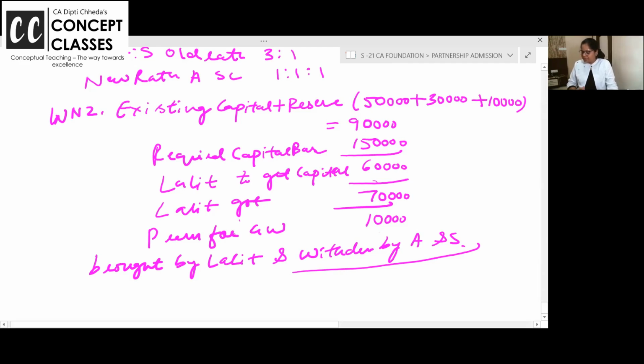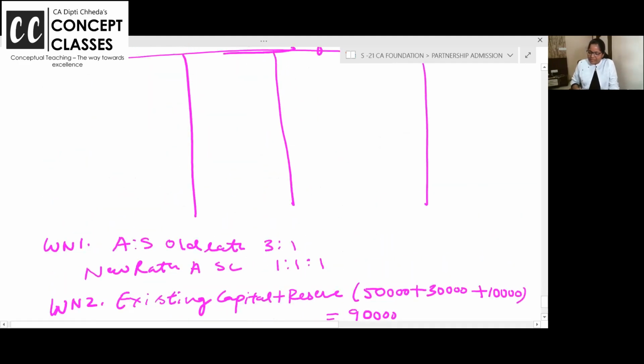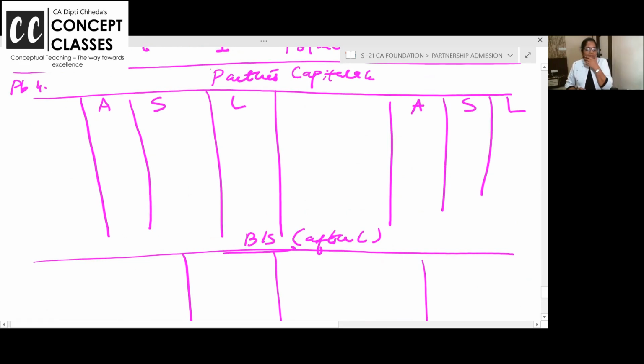Okay, write it down. If you write it, it will be clear. Everyone should write this working note. Thank you so much that this concept is clear. Let us start the problem. Where are we saving the time in this beautiful problem? No revaluation account.